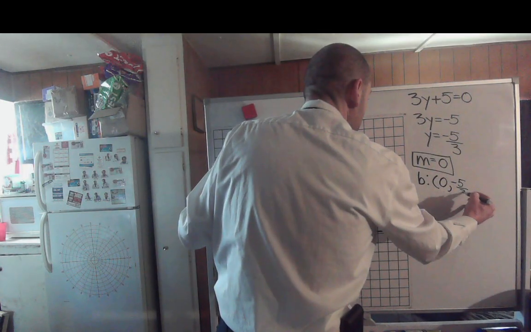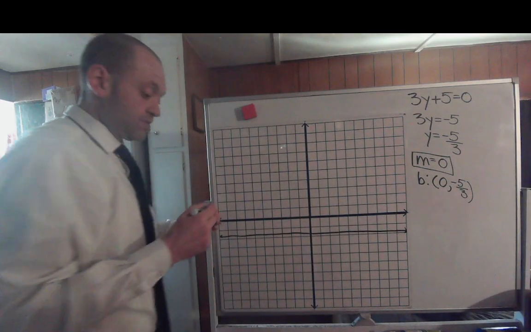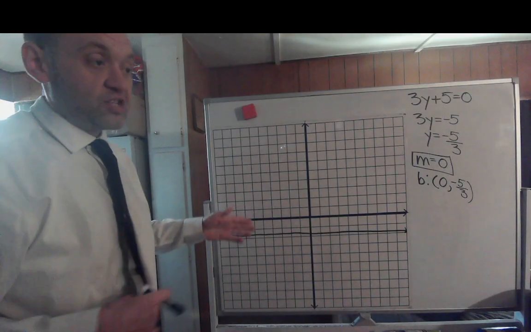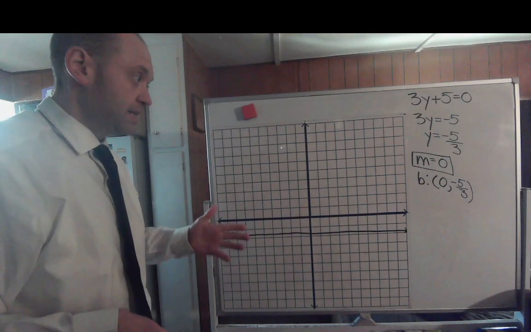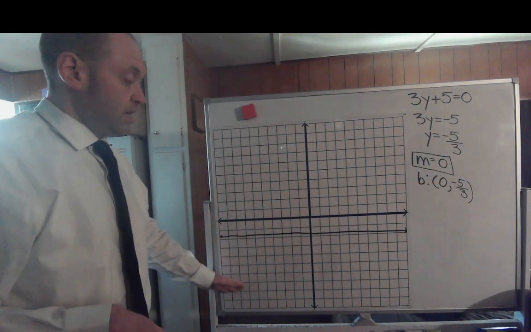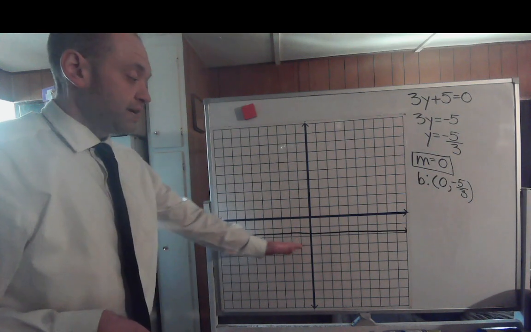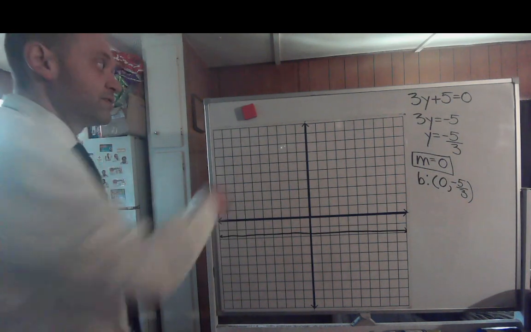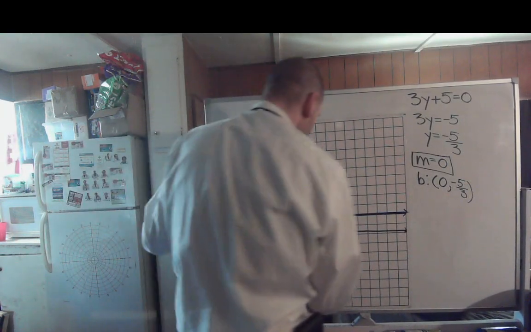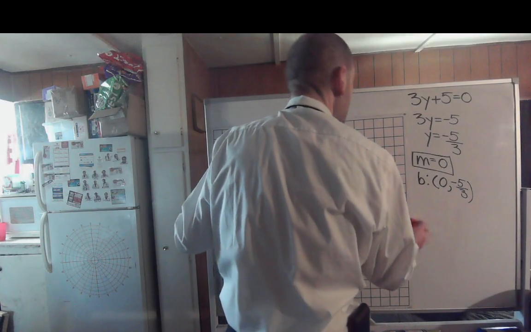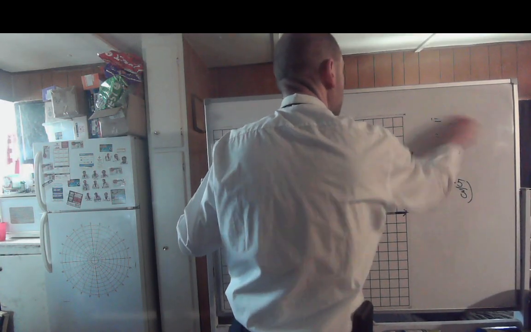So you have no x-intercept, unless it would be straight up y equals 0, then it would be the entire x-axis, but it has no x-intercept, but your y-intercept is at 0, negative 5/3. All right.